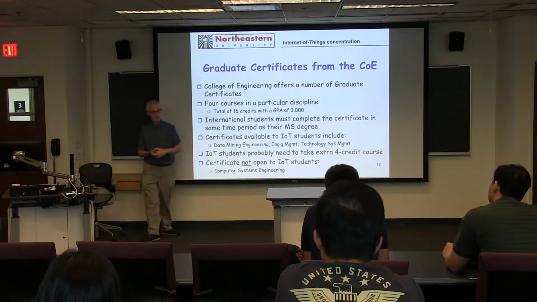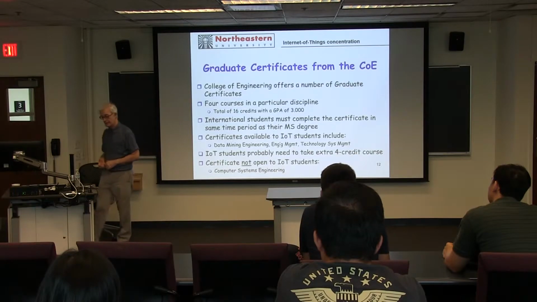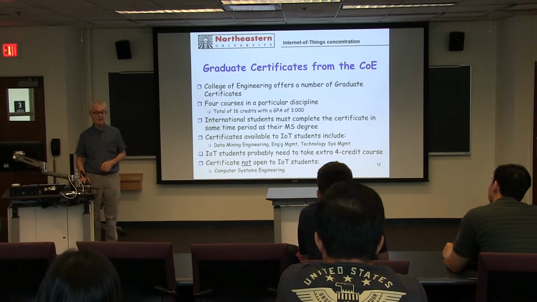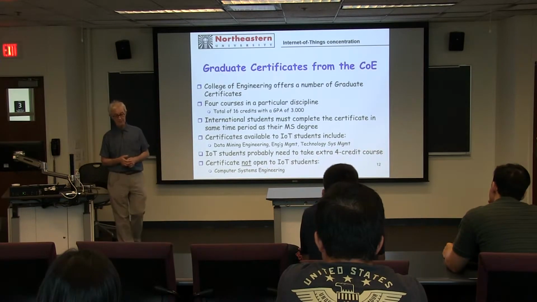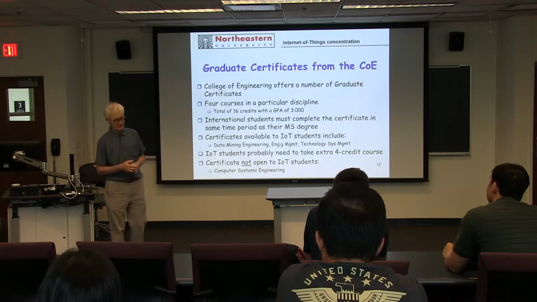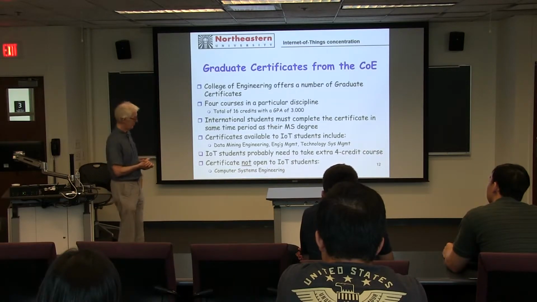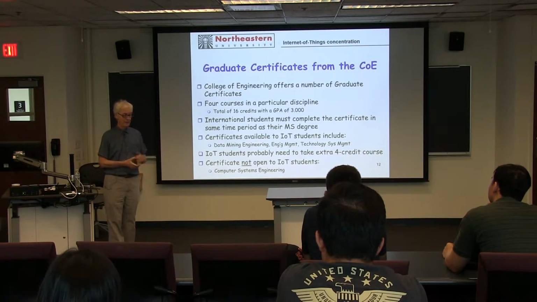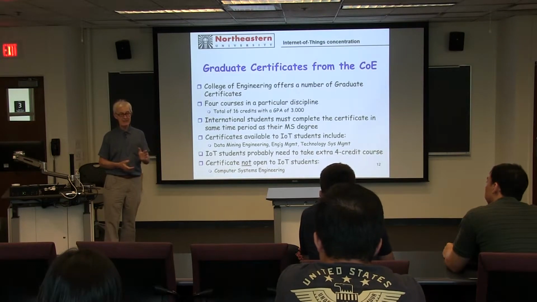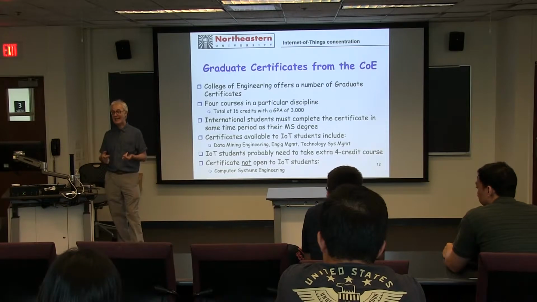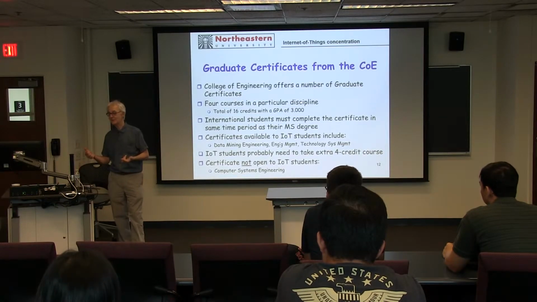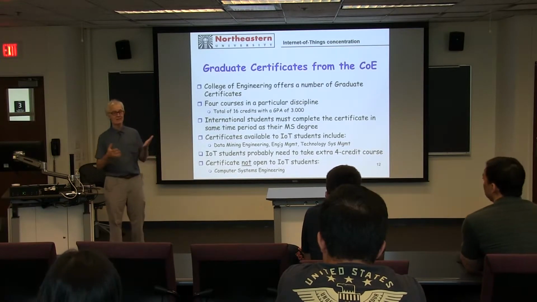Now, if you're international students, and I think most of you here are, that has to be completed in the same time as you finish your master's degree. So if your master's degree finishes in May of, say, 2020, you must finish the certificate exactly the same time. If you only got 3 of your certificate courses finished, you can't come back and take 1 extra course afterwards, okay?